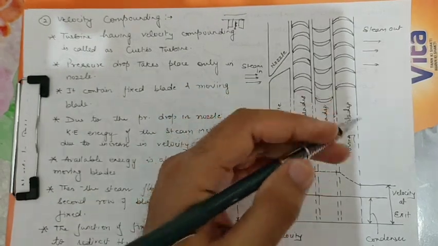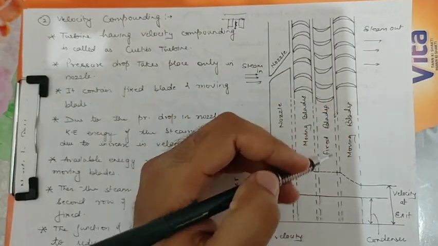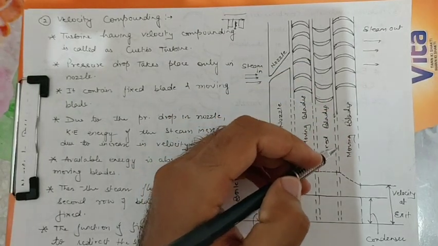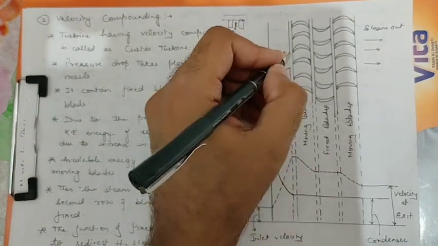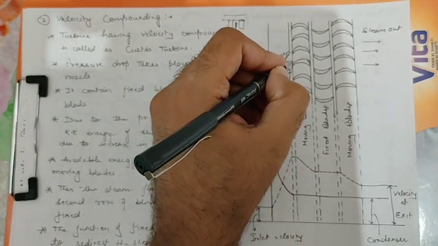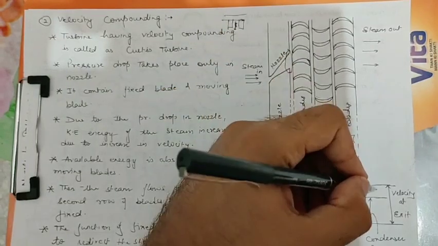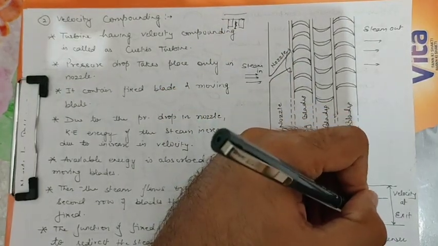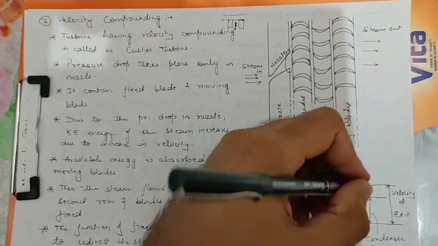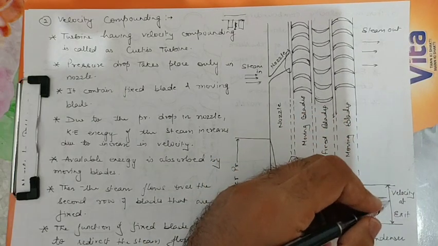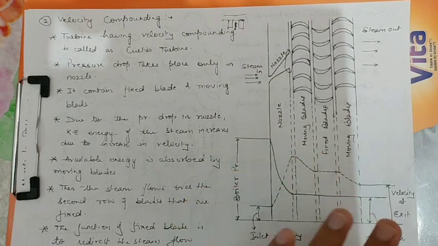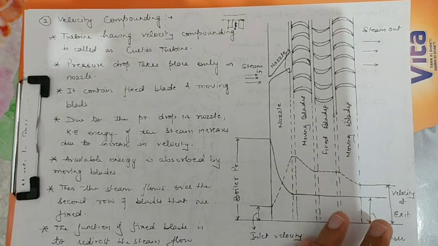This process continues until the energy of the steam that we get at the nozzle outlet is completely absorbed by the moving blades. So this is how we do velocity compounding.